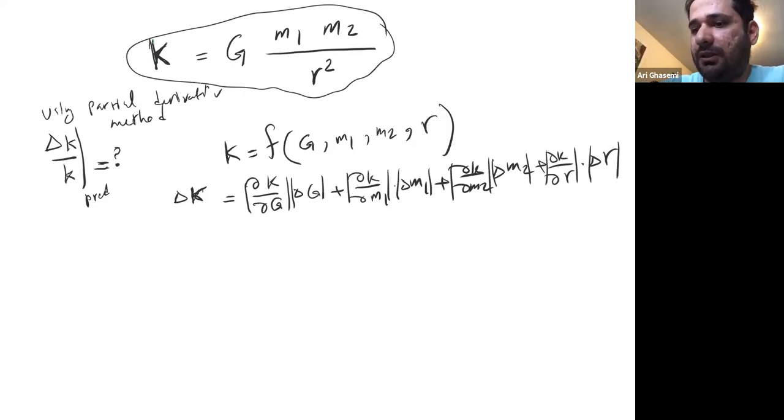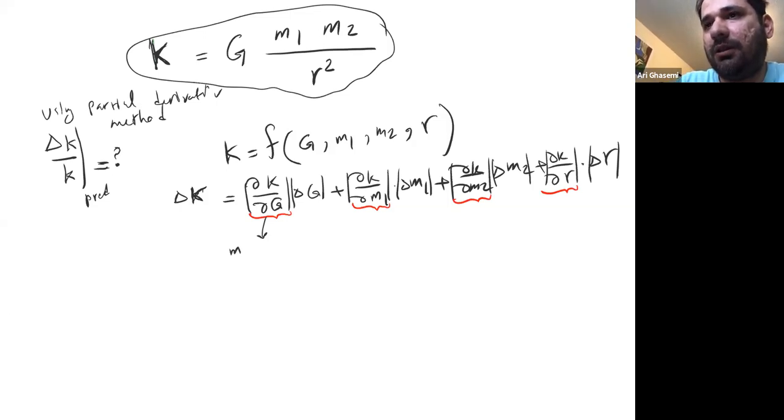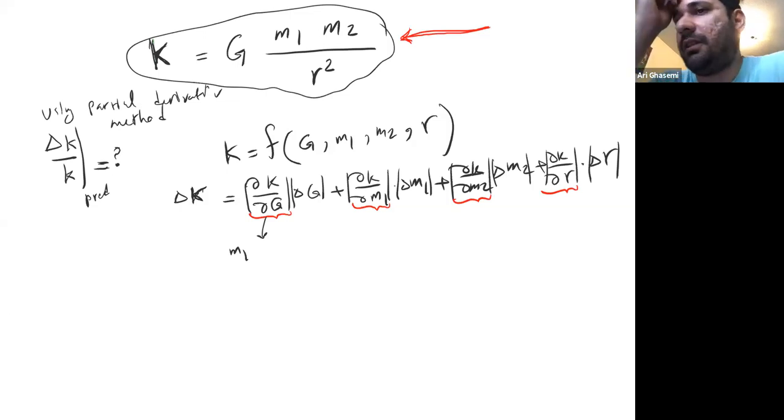So all I need in order to evaluate this and simplify is to find these four derivatives, right? So let's do it. What is the derivative with respect to G? Look at the relation on the top, I'm pointing with the red arrow. If you consider your variable to be only G, the rest constant, this entire thing becomes a constant.